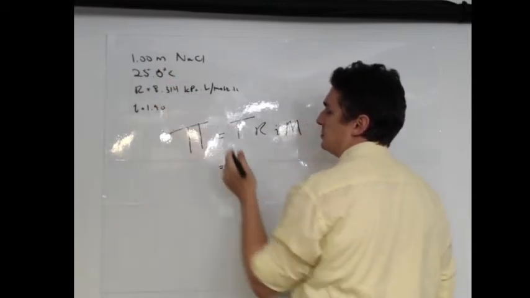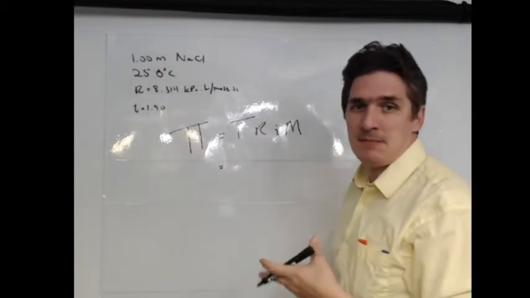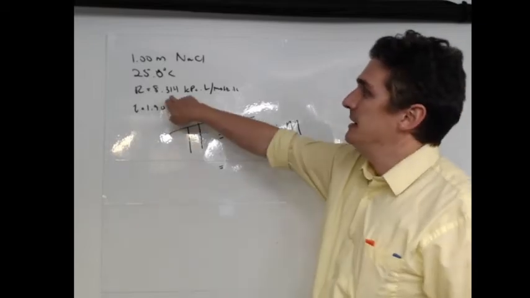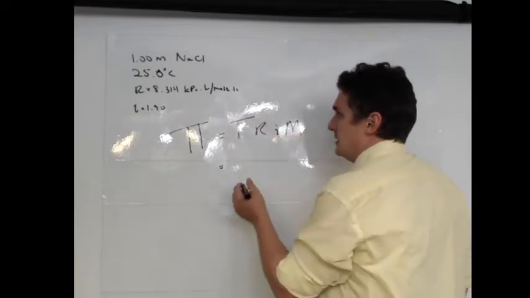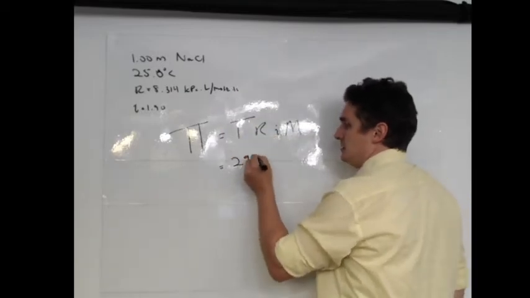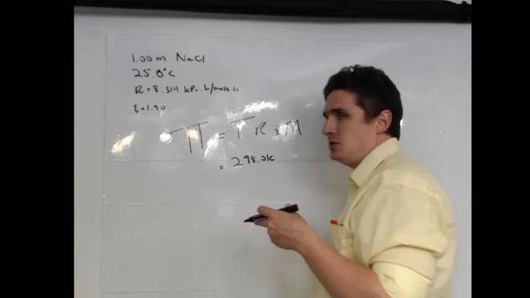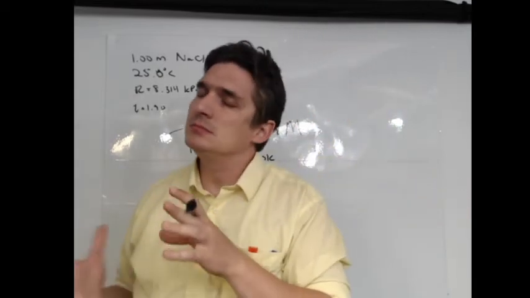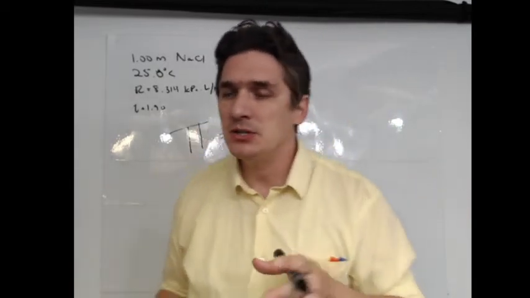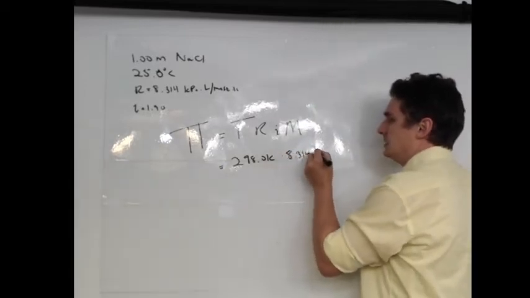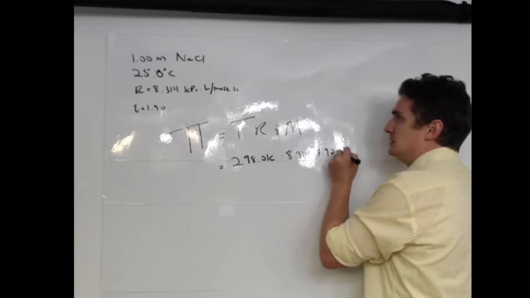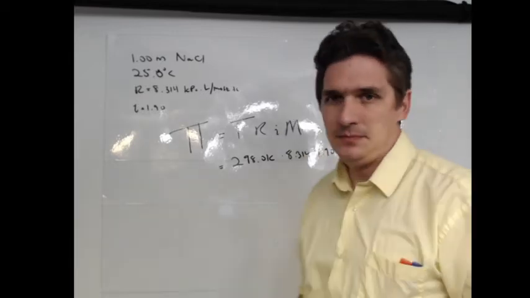So the temperature here, it's 25, but it needs to be in Kelvin. And the tip-off that this needs to be in Kelvin is that you've got the gas constant R. So R always has units of Kelvin in it. So we need 298 Kelvin. Don't do the 273.15, like that 0.15 does not buy you much. So you got 298 times 8.314 times 1.90 times 1.00.